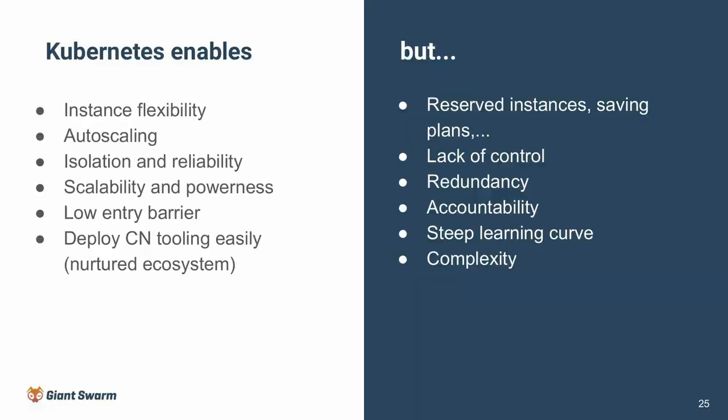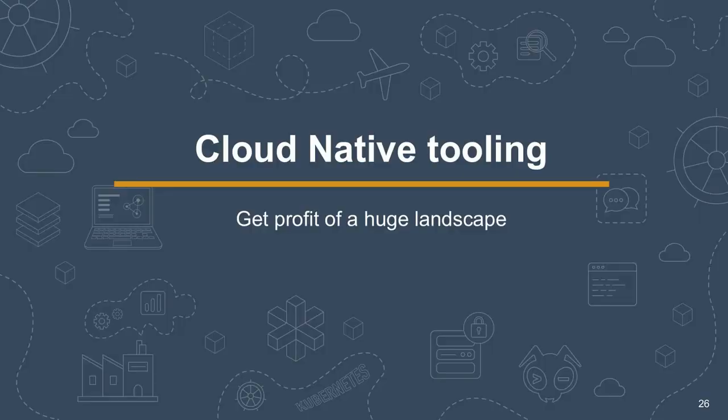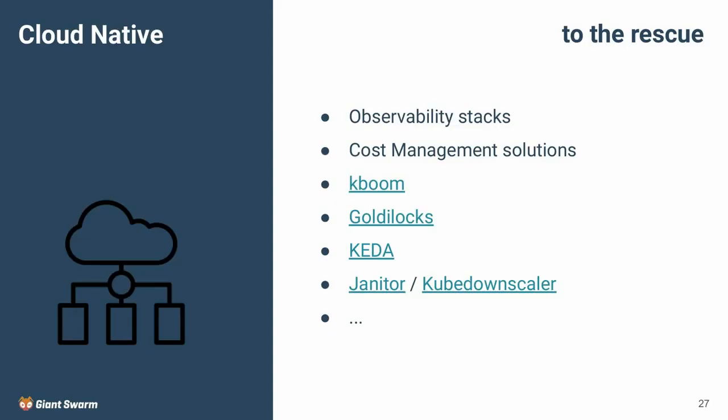So now I wanted to finalize by giving you some tooling in the Cloud Native landscape that can help you with the cost. There is a huge number of different observability and monitoring stacks out there. I'm not going to advocate for any of those in particular, but most of them are moving in the same direction.